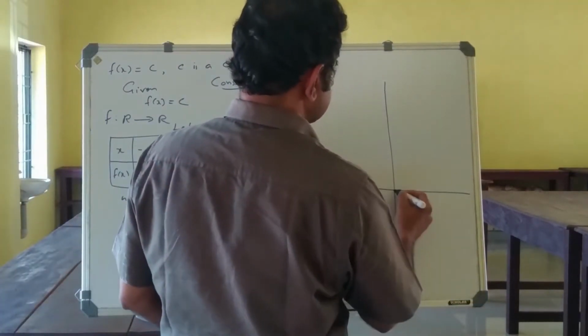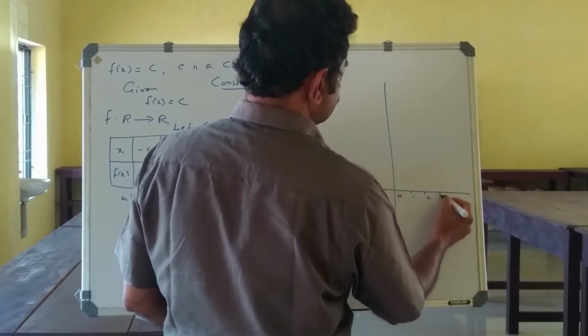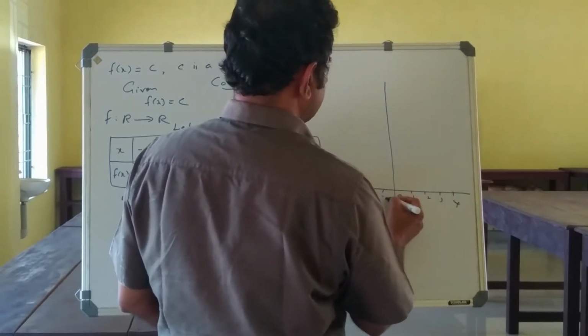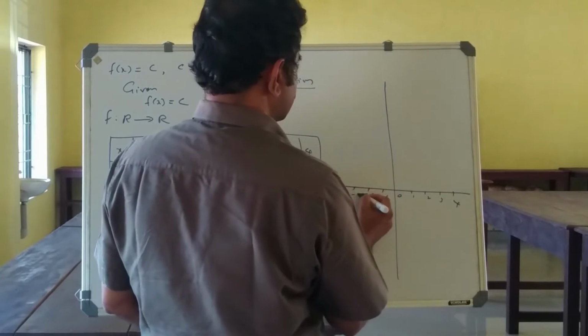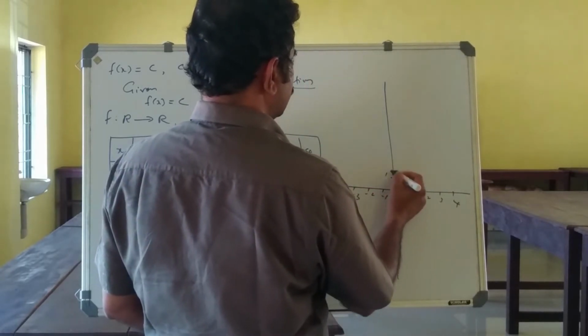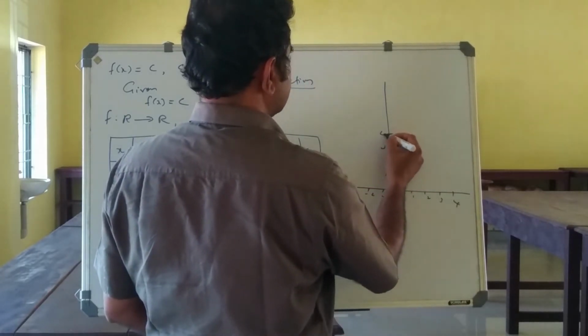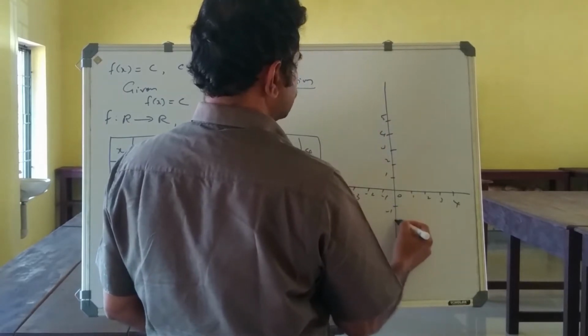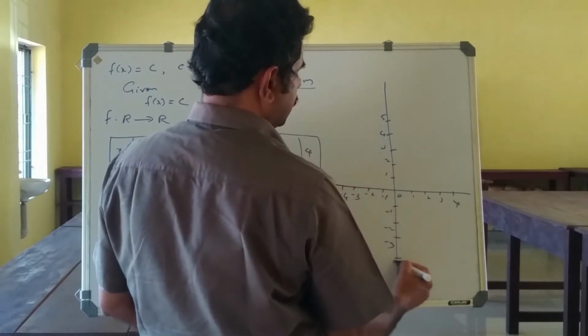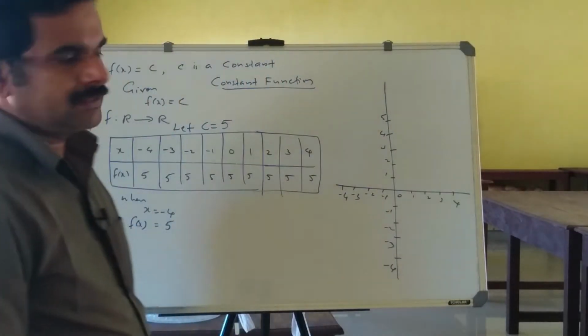Draw the XY axes with 0, 1, 2, 3, 4, minus 1, minus 2, minus 3, minus 4 on the x-axis, and 1, 2, 3, 4, 5, minus 1, minus 2, minus 3, minus 4, and minus 5 on the y-axis.